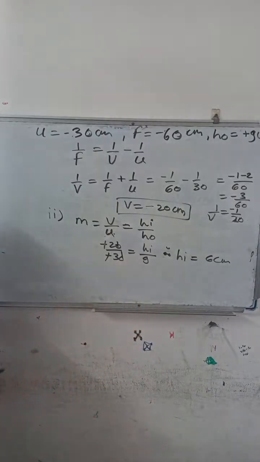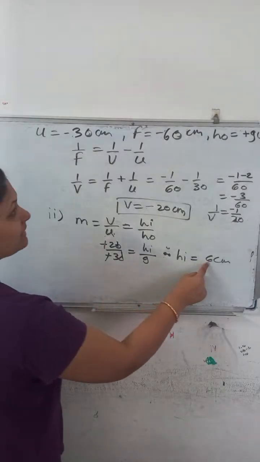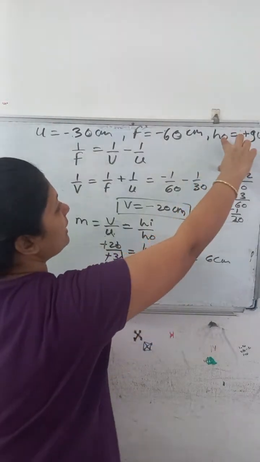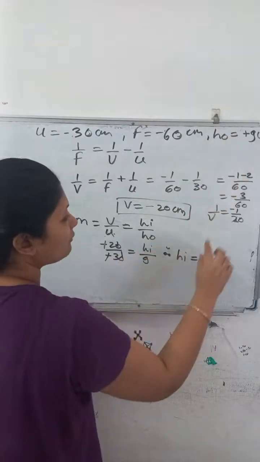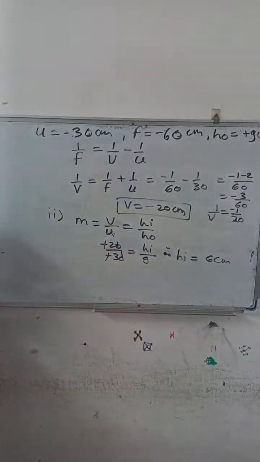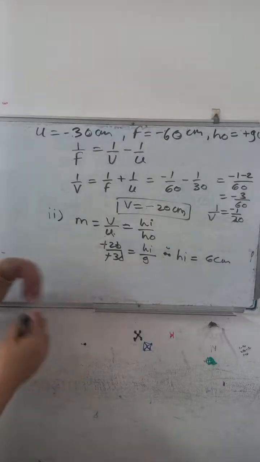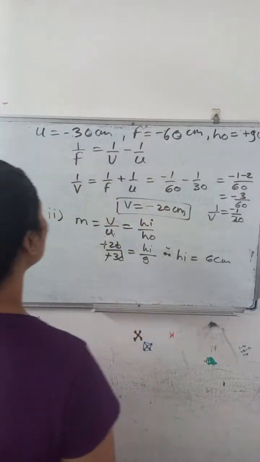So virtual, and then image is what here? Diminished. Okay, because hi we are getting 6 and ho is given 9. So initially it is at a bigger height, now we are getting smaller height, that means it is diminished. Okay, and where it will form, it will also form in front of the lens, because this is given 20.